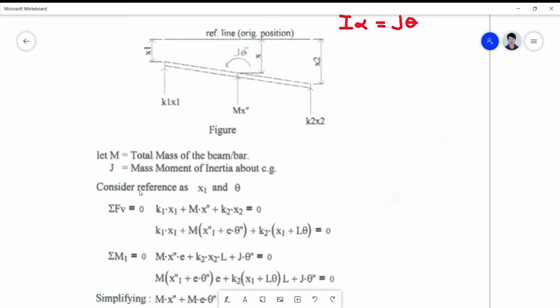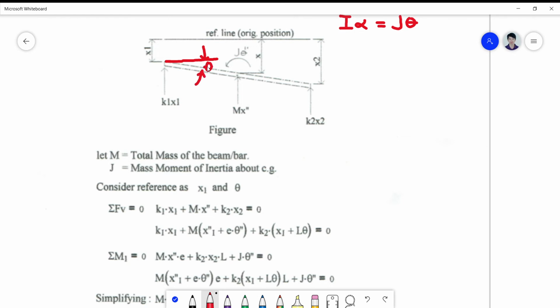We can now derive this equation by simply taking note of the free body diagram, that the summation of vertical forces is simply 0, and the summation of moments at the first support is also 0. By the way, theta here is defined somewhere here, referred to the horizontal line.